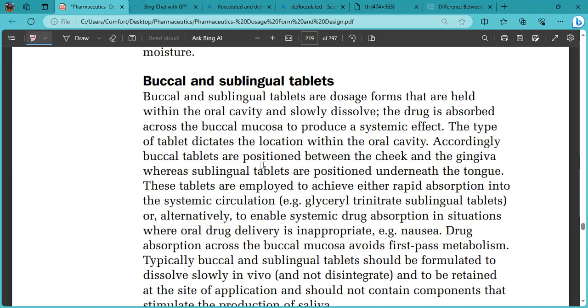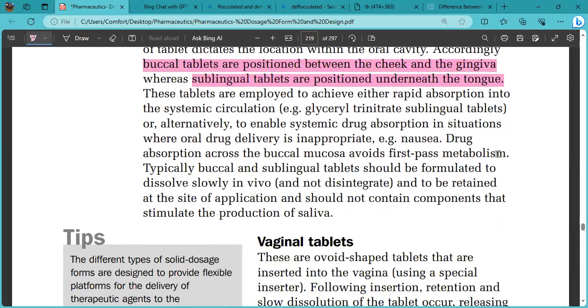Sublingual tablets are positioned underneath the tongue, while buccal tablets are positioned between the cheek and the gingiva. That's the difference. You just leave them there and they slowly dissolve on their own with time and go into systemic circulation. That's how they're administered: you don't swallow them or put them in water.